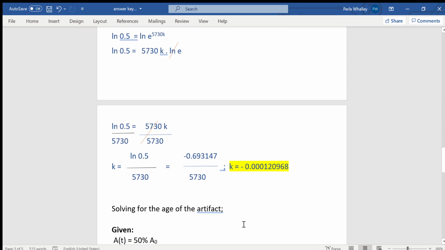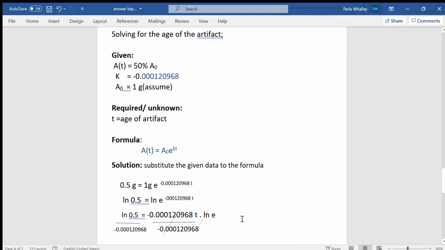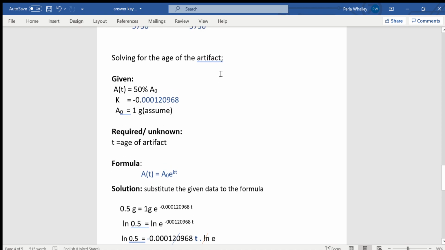So let's go now to solving for the age of the artifact. From the problem, it says that the final amount of the carbon-14 in the artifact is 50% of the initial amount.